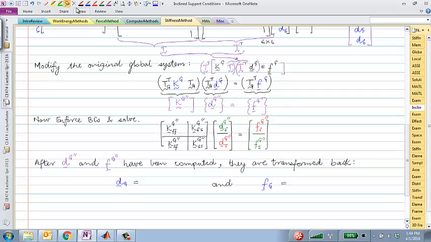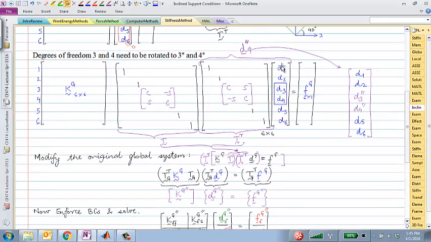And the way to do that, anybody can tell me what should I do to convert Dg double prime to global Dg? Any thoughts, Joey? How did we convert this D to this D double prime?